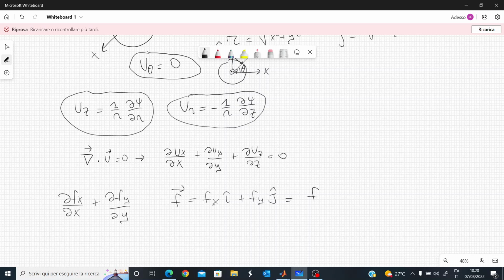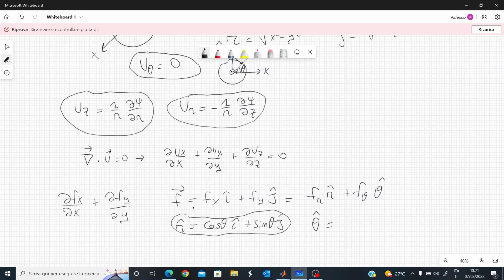So if we go from xy to r theta, we are going to a polar system. And here I have fr r hat plus f theta theta hat, where r hat is simply equal to cosine theta i plus sine theta j, whereas theta hat will simply be the derivative of this vector with respect to theta. So it is minus sine theta i plus cosine theta j, and this is dr over d theta.